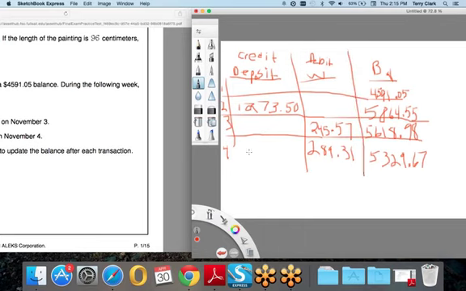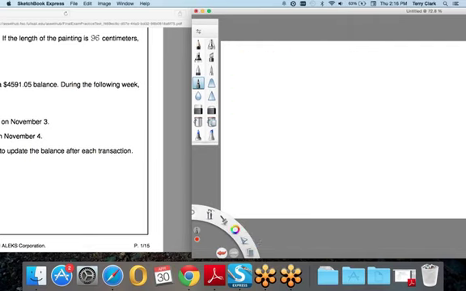So at the end, and then of course your dates on it, Nancy's new balance is $5,329.67. Basically this is just a practice in filling out a checkbook. We're just adding and subtracting transactions.